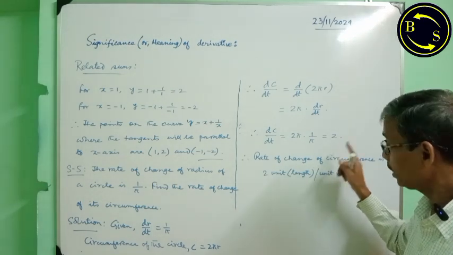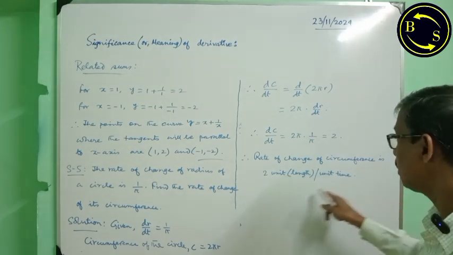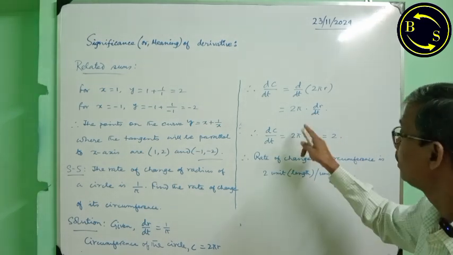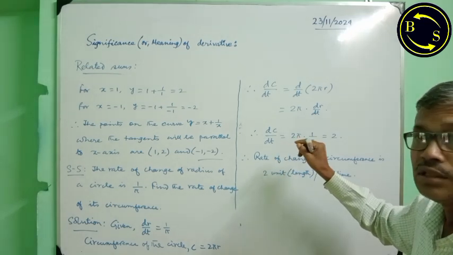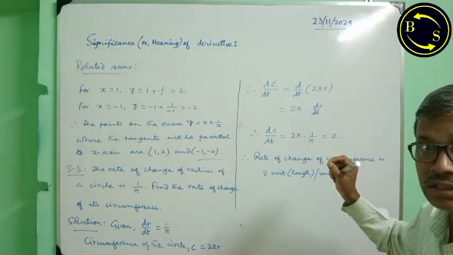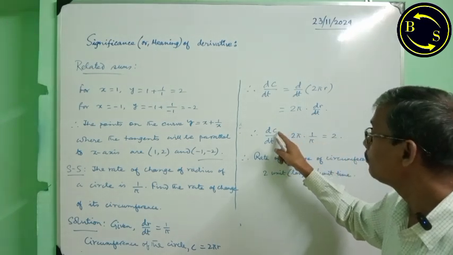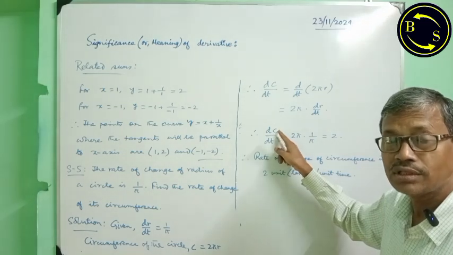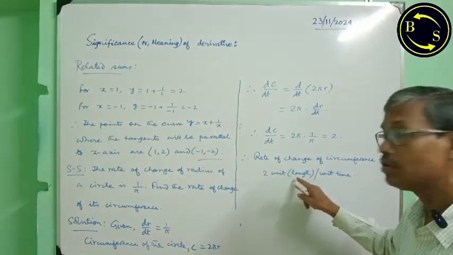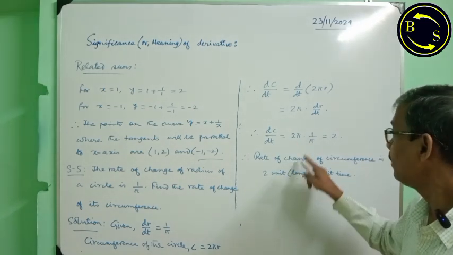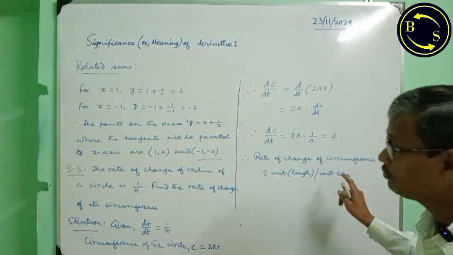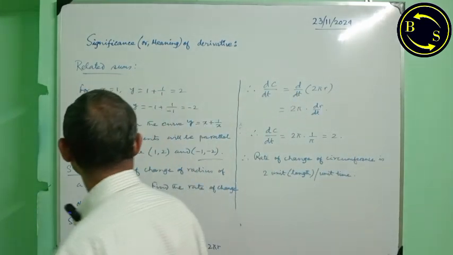Therefore that is constant. Therefore rate of change of circumference is 2 unit. Here we have to mention the proper unit. dC dT, C for length, that is 2 unit of length, and T means unit time. Therefore, the sum is solved.